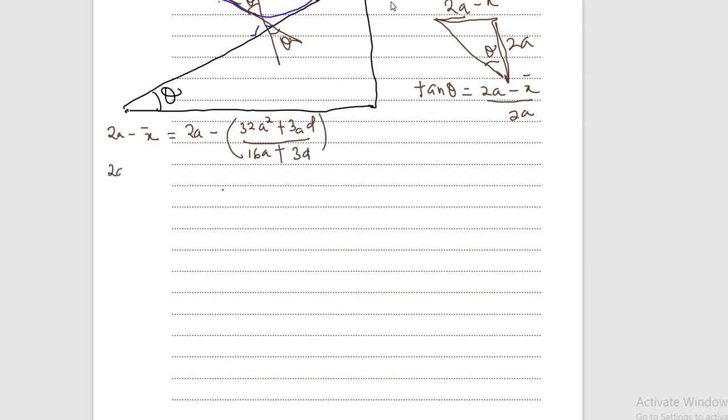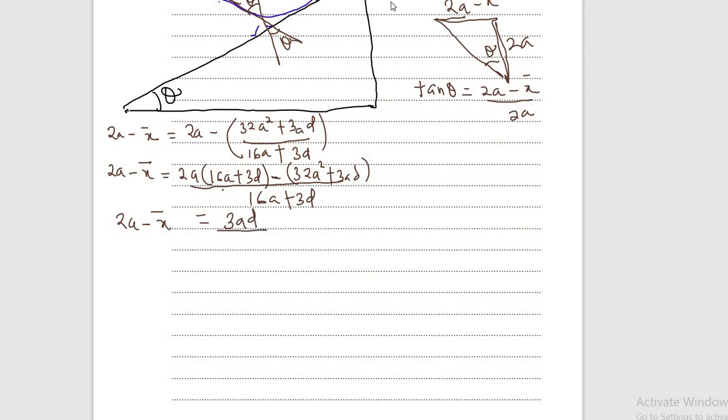So 2A minus X will be 2A bracket 16A plus 3D, minus 32A squared plus 3AD, over 16A plus 3D. So at the end of the day, when you open your bracket and simplify, we're going to have something like this.